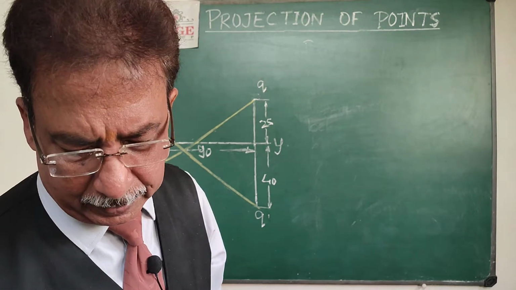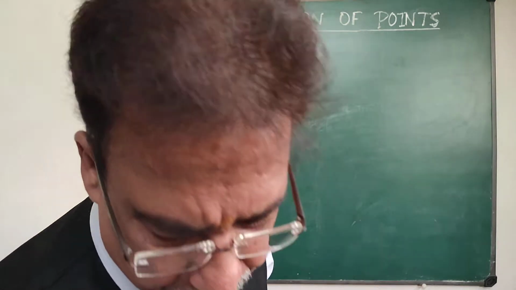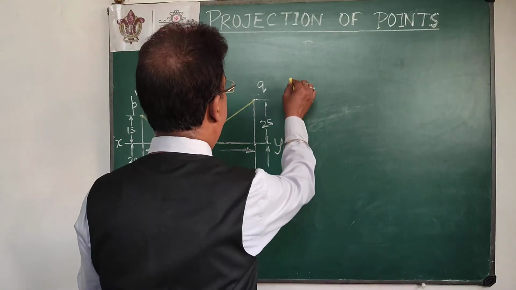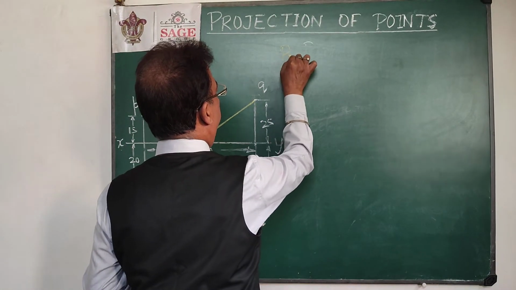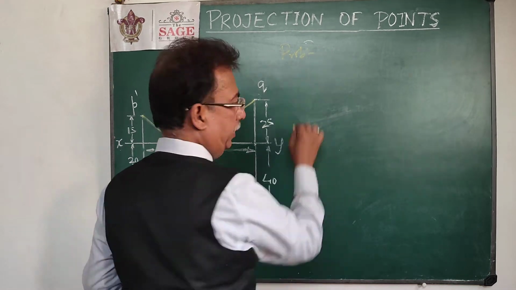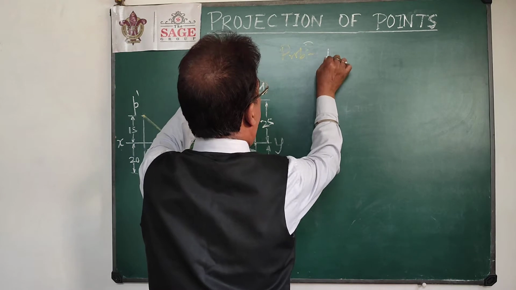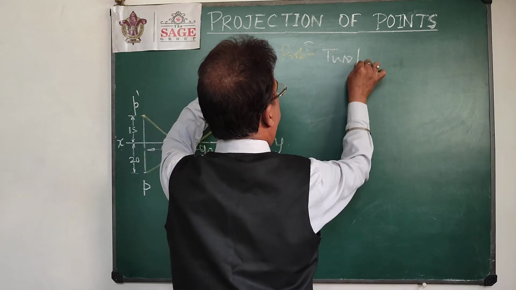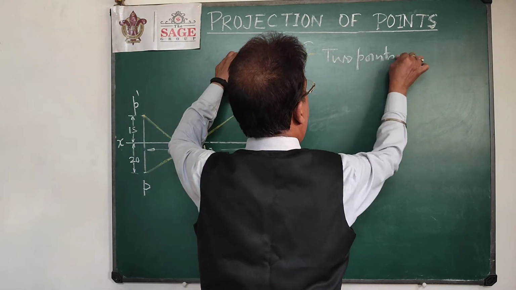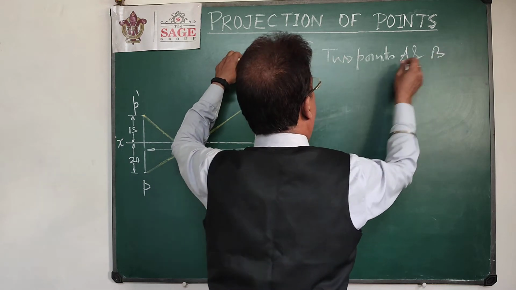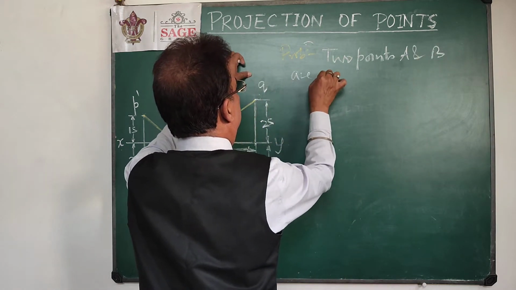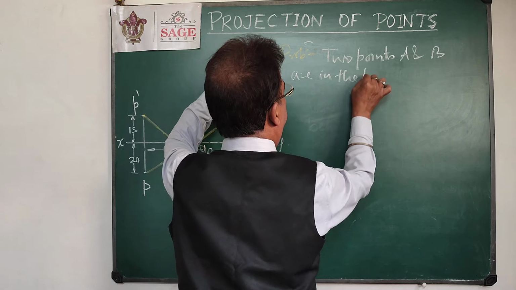I am taking another problem on projection of a point. The problem is like this: two points A and B are in the HP.